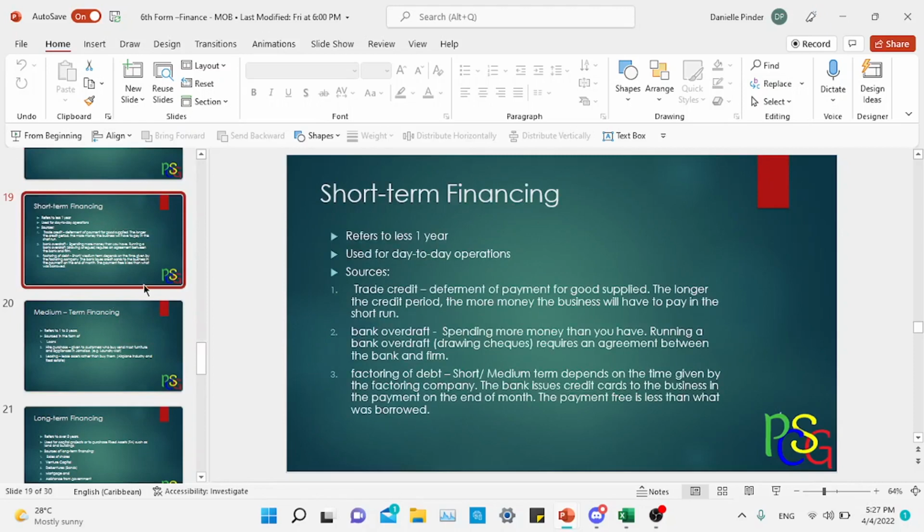Okay. So you're definitely right about the credit card for short term financing, and you also have bank overdrafts.